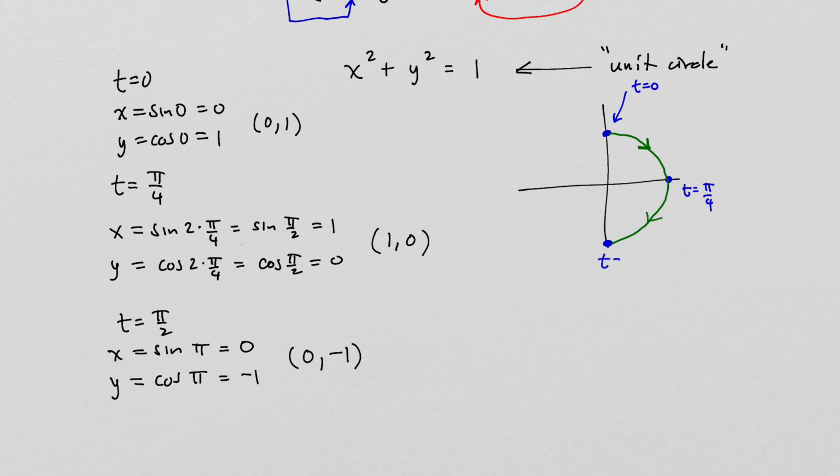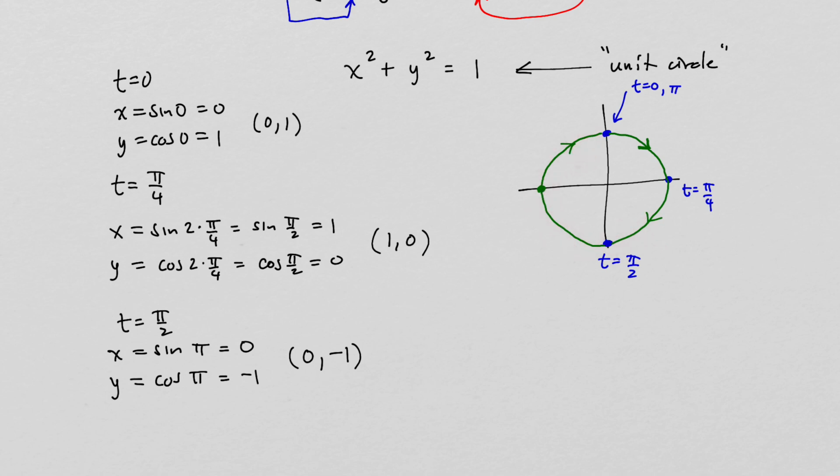But again, this is all the way up to pi over 2. So what you're going to find here is that if you continue to trace this, at 3 pi over 4, you'll be at this point here, and at pi, you will be at this point here. So when you go from 0 to pi, you are going to trace out counterclockwise 1 full rotation.